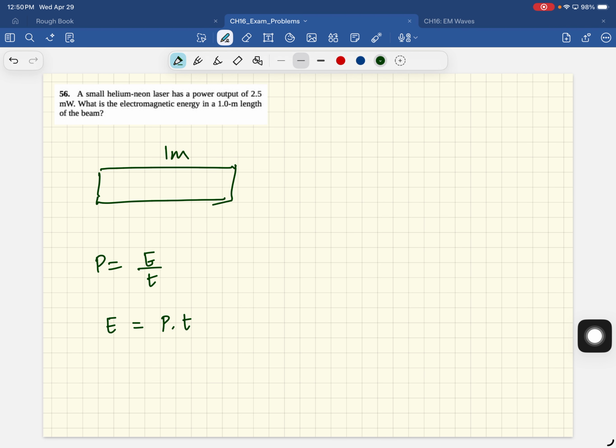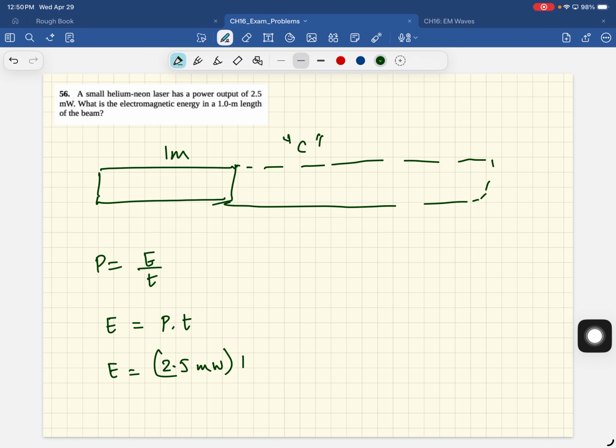Okay, so in 1 second, the length of the beam would be equal to c meters. And so the energy content of 2.5 milliwatts times 1 second, where the length is equal to c, is 2.5 millijoules.